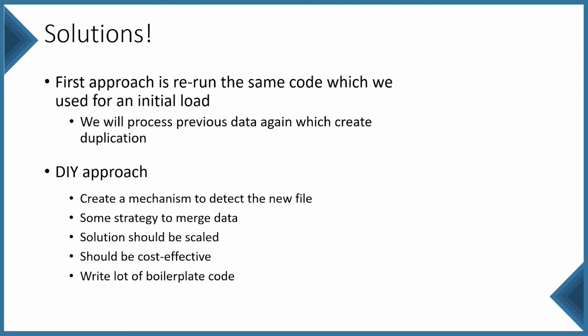First, you need to do a few things. For example, create a mechanism to detect the new files. You need to devise some strategy for how you are going to merge the data. Your solution should scale, as maybe in future you have to deal with big data. And cost is the main concern when you are building any solution, so your solution should be cost effective.